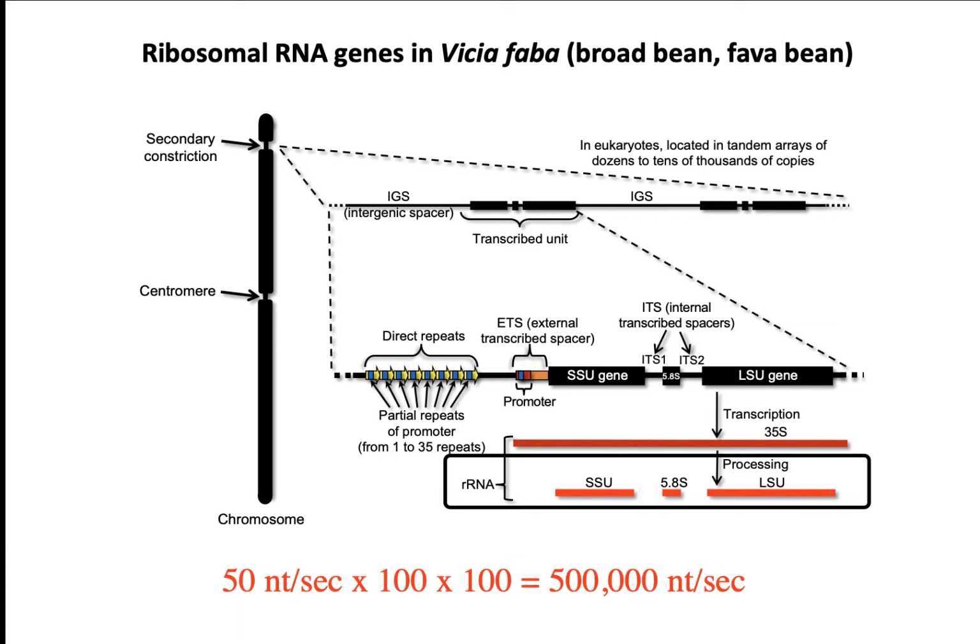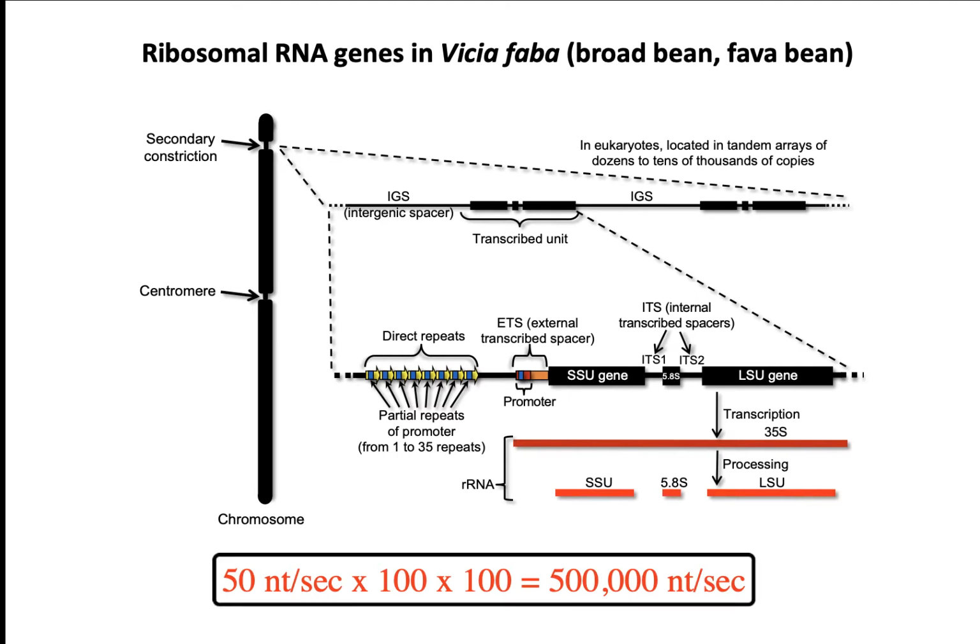And then that's processed into the small subunit, the large subunit, and the 5.8S RNA. And the small subunit becomes incorporated into the small ribosomal subunit, and the large subunit and 5S RNAs, or ribosomal RNA, are incorporated into the large ribosomal subunit.